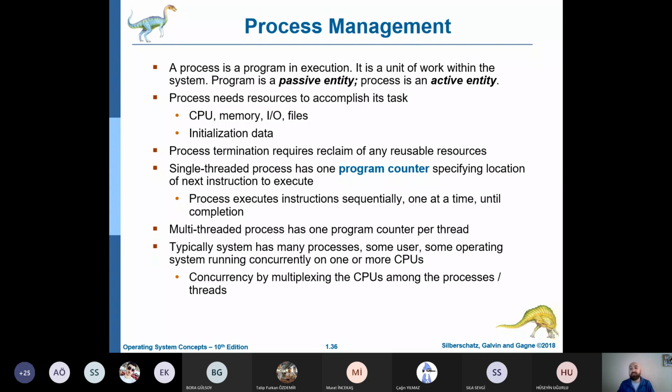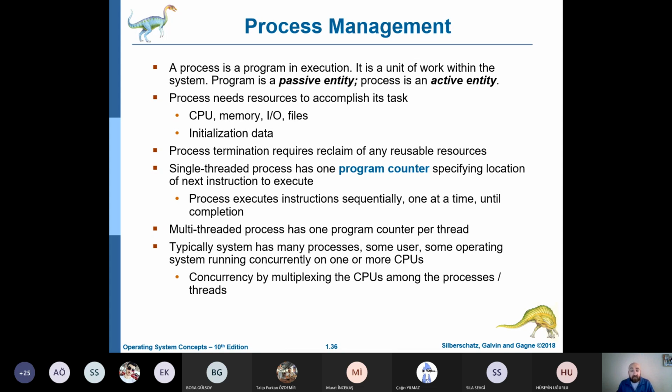The CPU executes one instruction of the process after another until the process completes. You can consider that like a simple C program. We have statements. The CPU has to execute those statements in the right order sequentially.